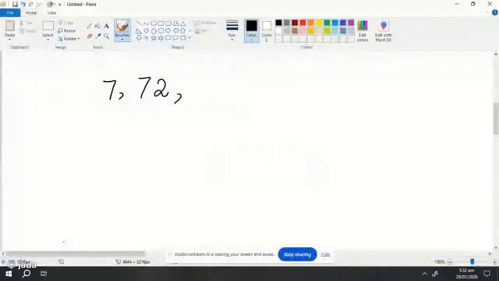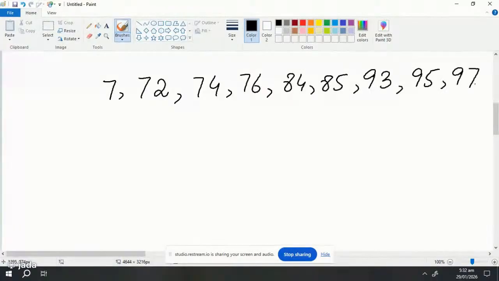Okay, first of all, you guys tell me what the outlier of this data is. The data is given here. It's starting from 7, then it moves to 72. Suddenly here the value increases.